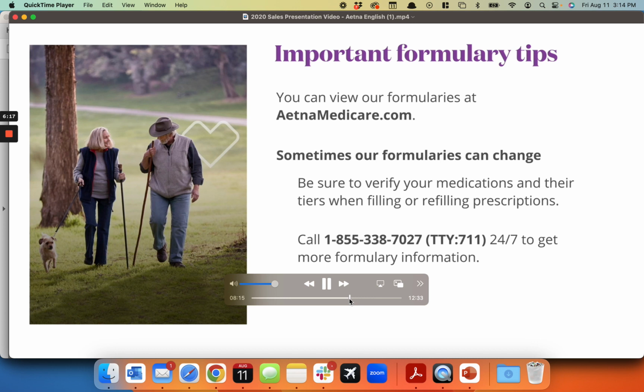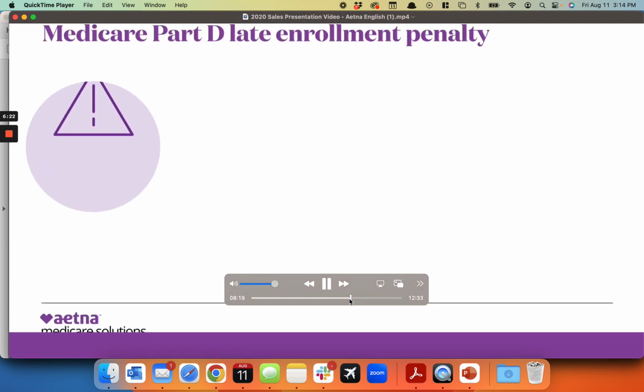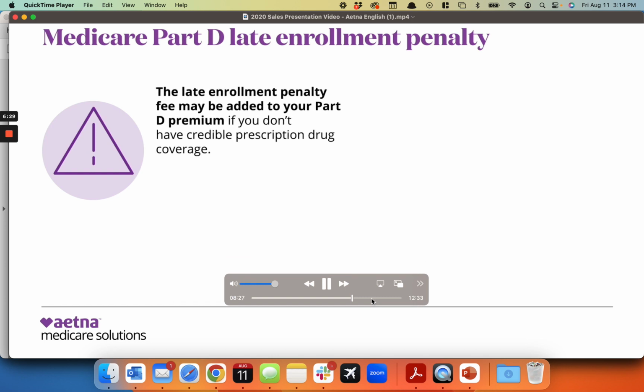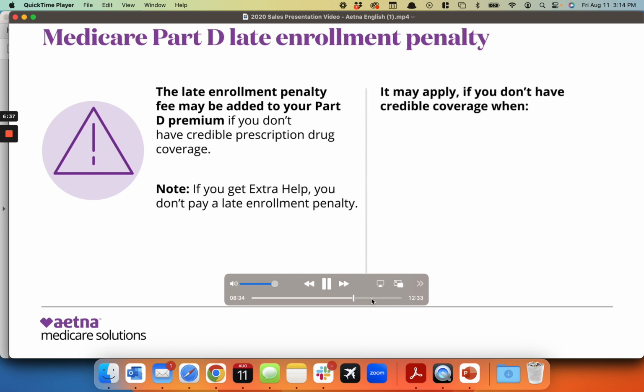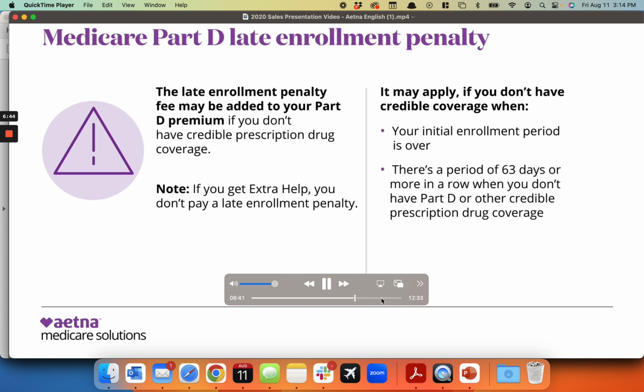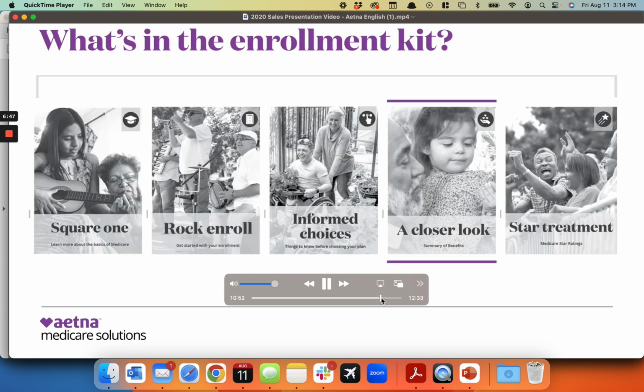Call TTY 711 to get help with your formulary. By understanding the Medicare Part D late enrollment penalty, you may be able to avoid it. The late enrollment penalty fee may be added to your Part D premium if you don't have creditable prescription drug coverage. It may apply if you don't have creditable coverage when either your initial enrollment period is over, or there's a period of 63 days or more in a row when you don't have coverage. For specific information, please refer to the evidence of coverage.